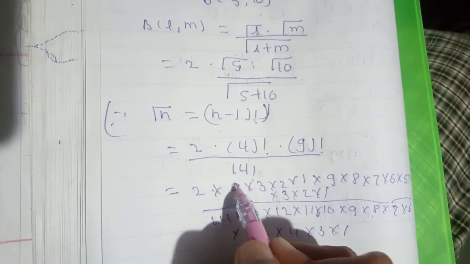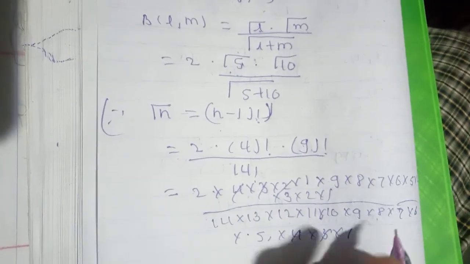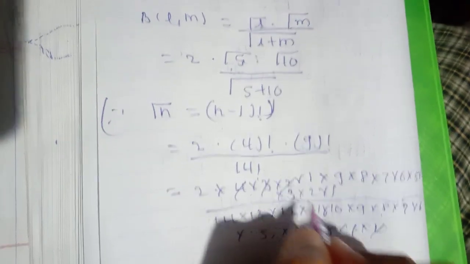Then cut 4 and 3 and 2, here remaining 2.